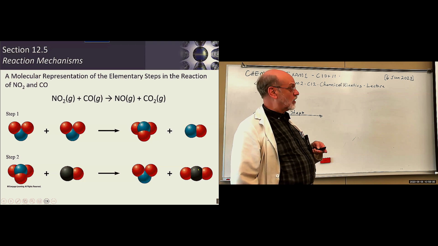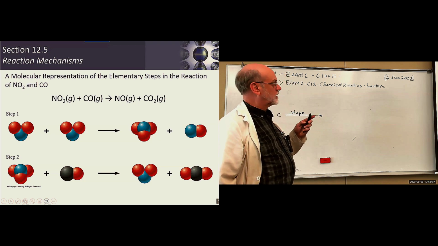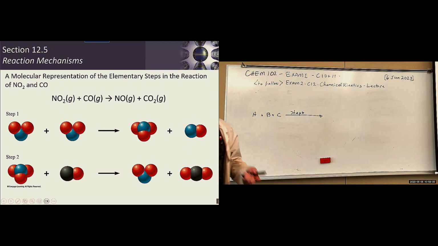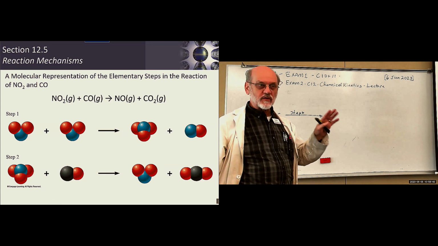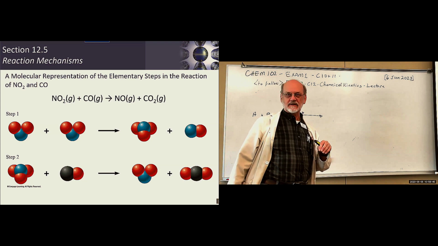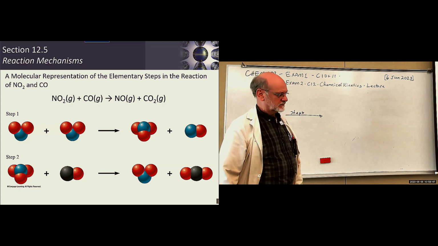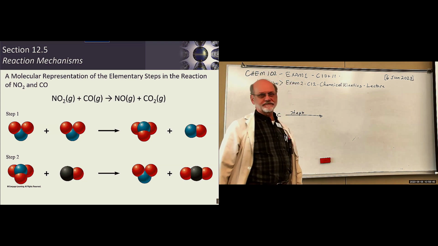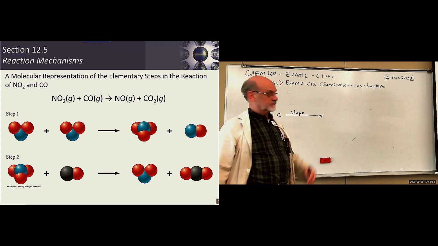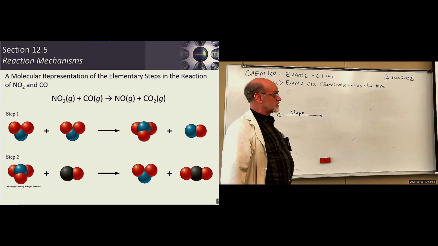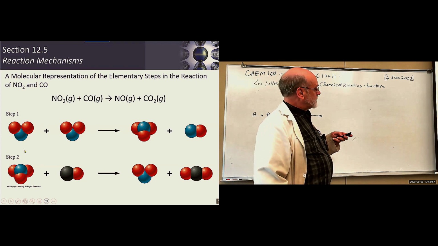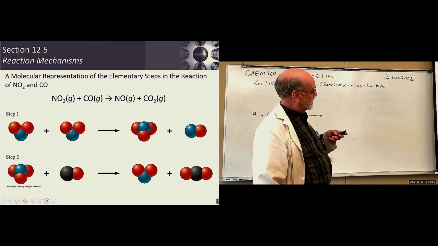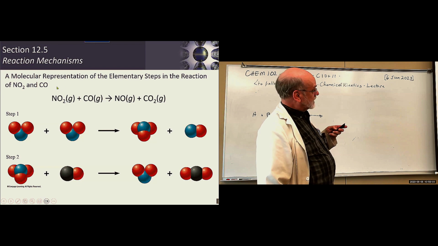So overall, and this is the first rule of a mechanism, you have to be able to add the steps together and get the overall equation. It's like Hess's law. You add them all together, and you get the overall equation. Notice that when we do that, this extra NO2 isn't in here, right?